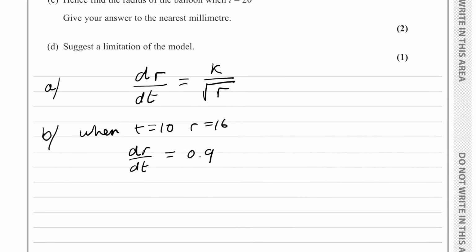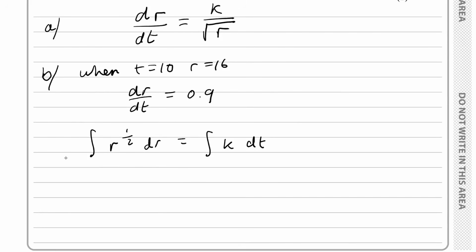So times by root r times by dt. So r to the power of a half dr equals k dt. So integrate both sides, add 1 to the power, divide by the new power. K integrated with respect to t is going to be kt, and we're going to plus a c.